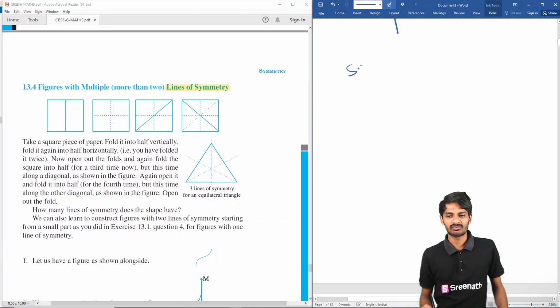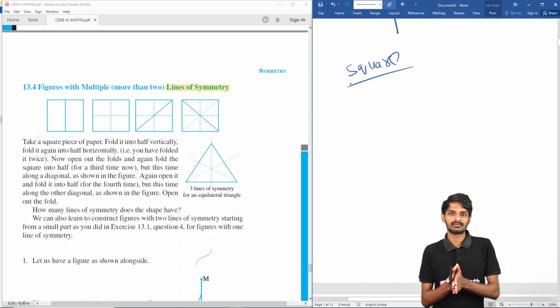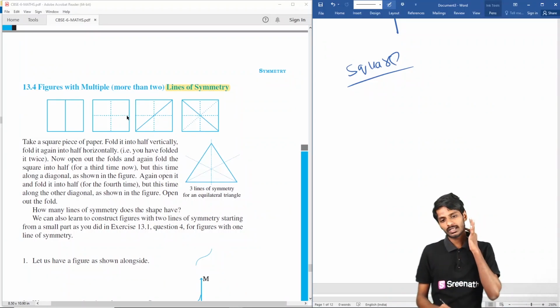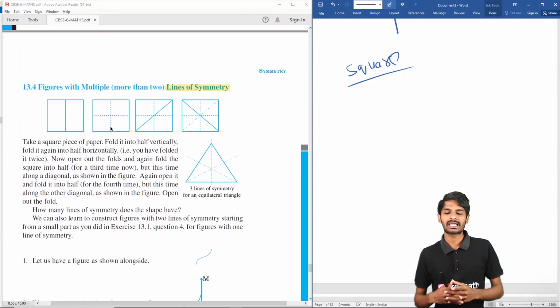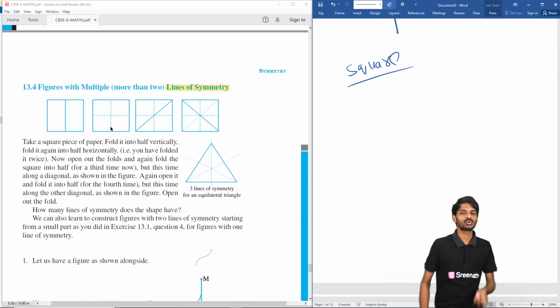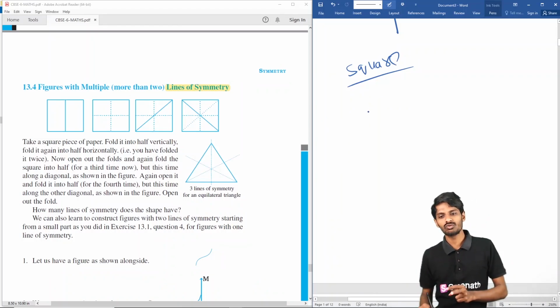Here we are considering a square paper. Fold it along its length, and again fold it, make the second fold. So you will observe two foldings and you will get two lines of symmetry.